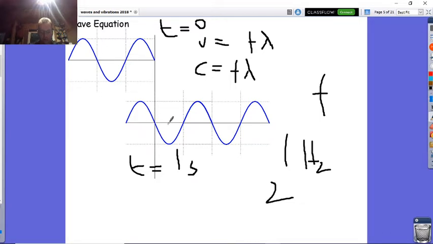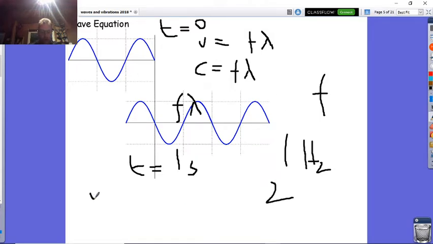I know that wave is going to go up and down F times later. And if you really think about it, the distance it travels is going to be F lambda. Because if you've got a frequency of 1, it's going to go only 1 wavelength after 1 second. If it's got a frequency of 2, isn't it, 2 wavelengths.